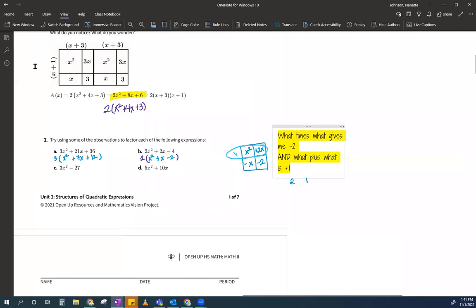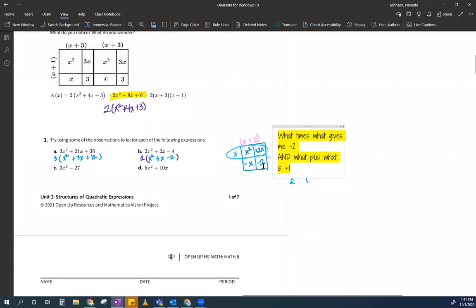And then it's playing what's missing. So what's missing? X times what gives me x squared? And someone says, x, Miss Johnson. And then I can do it again. X times what gives me 2x? Very good. Someone just gave me the first whole factor, x plus 2.